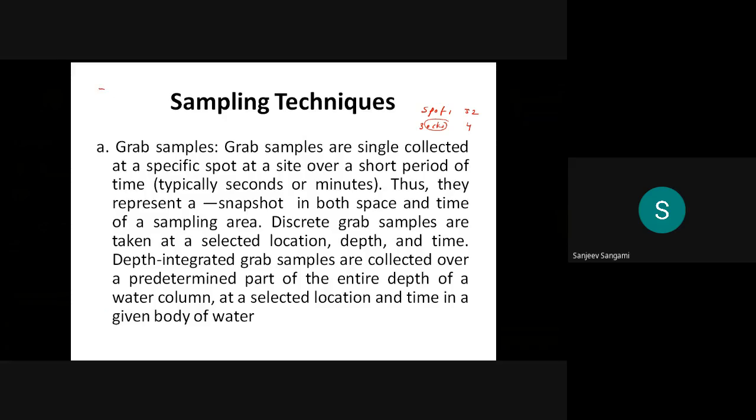Assume that we have S1, the sampling spot 1, and we are collecting at 9 a.m. Then S2, you collect it at 10 a.m. That means the sample at all the locations at different times.